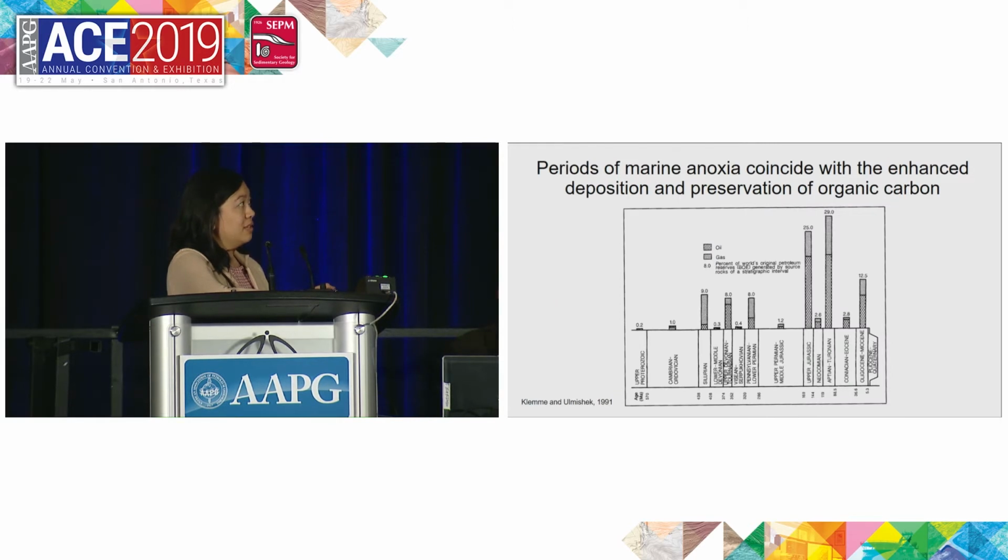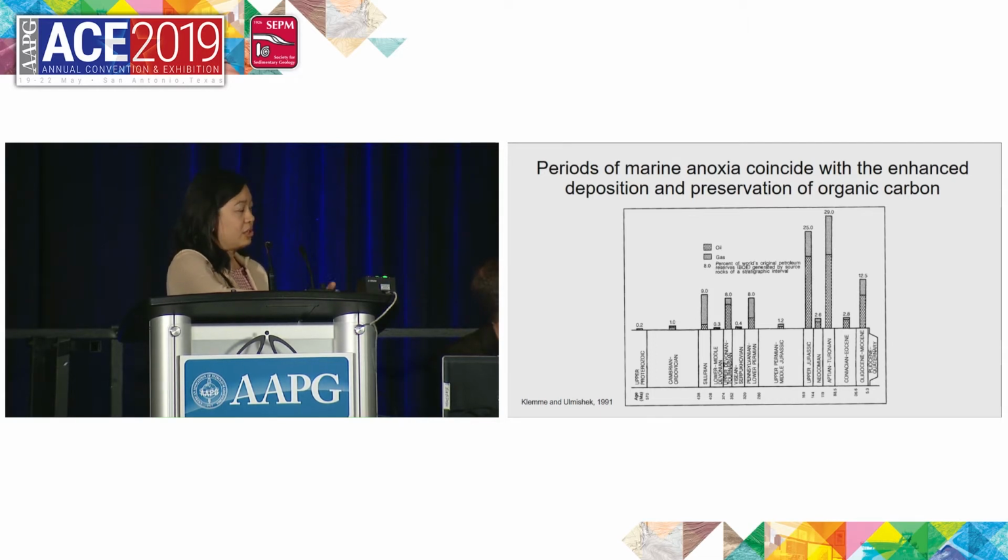And of course, periods of marine anoxia also coincide with the enhanced deposition and preservation of organic carbon. So this is an older figure again, but I think it does a really nice job highlighting these intervals of oil and gas source deposition periods, and they often correspond to periods of high rates of black shale deposition under the assumption that oil and gas comes from rocks with high organic carbon content.